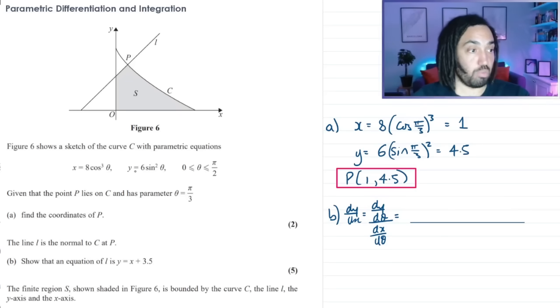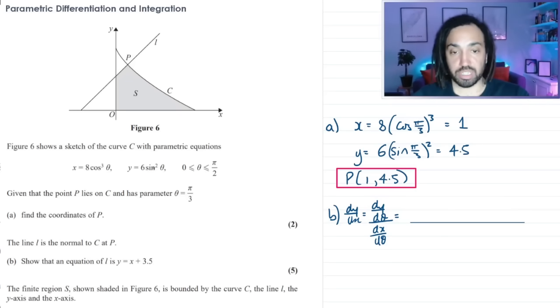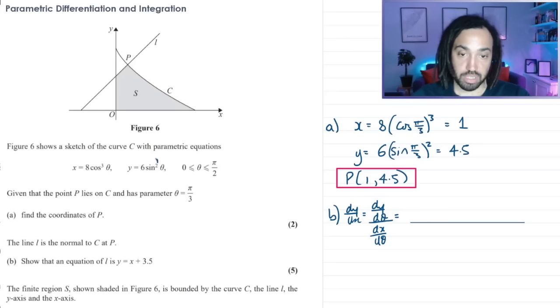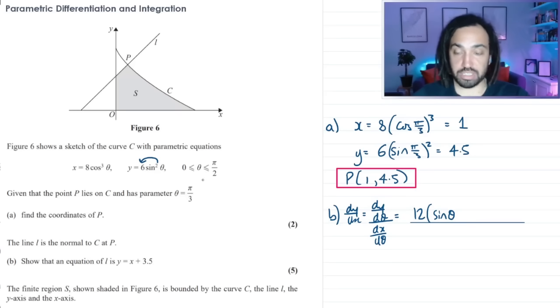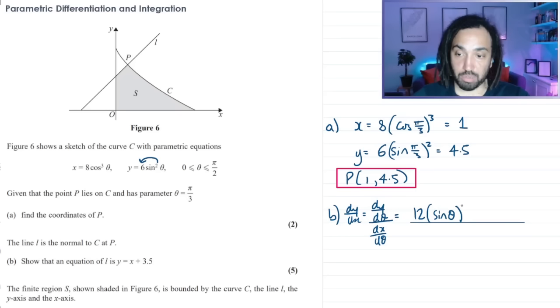So differentiating the y, we're going to need to use the chain rule here. 2 comes down and times by the 6 to get 12. We keep the function inside the same, but we drop the power down by 1, so 2 goes down to 1. And then we times by the derivative of the bracket, and that will be cos theta.